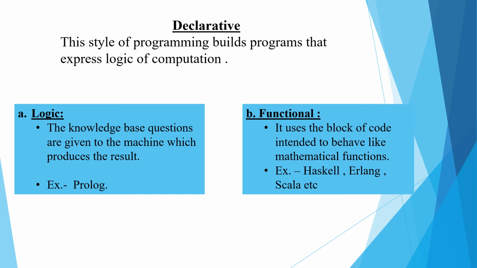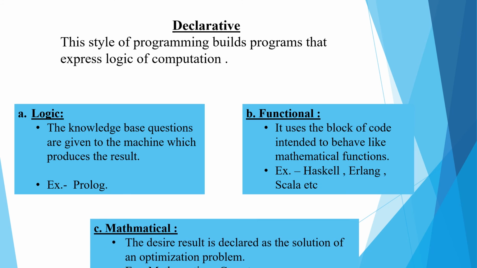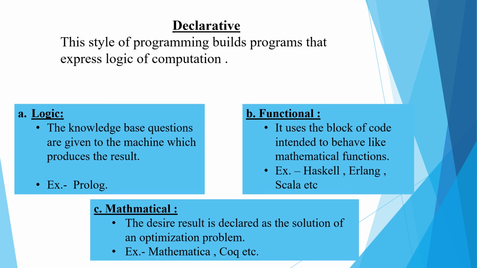Now the second type is functional. It is a subset of declarative programming. Programs written using this paradigm use blocks of code intended to behave like a mathematical function. So here a block of code is used and it gets executed. Examples are Haskell, Erlang, Scala, etc. Now the third type is mathematical.